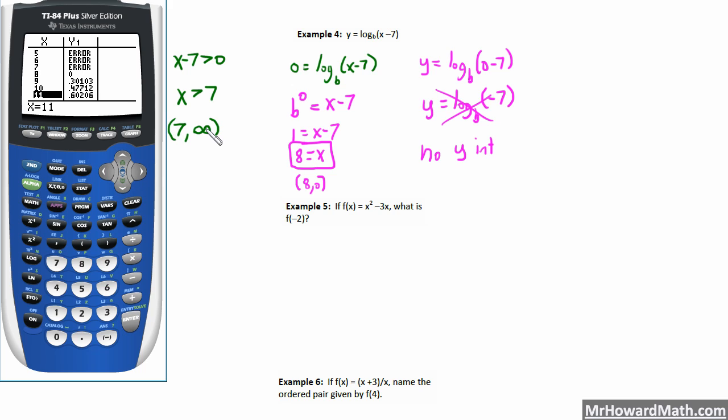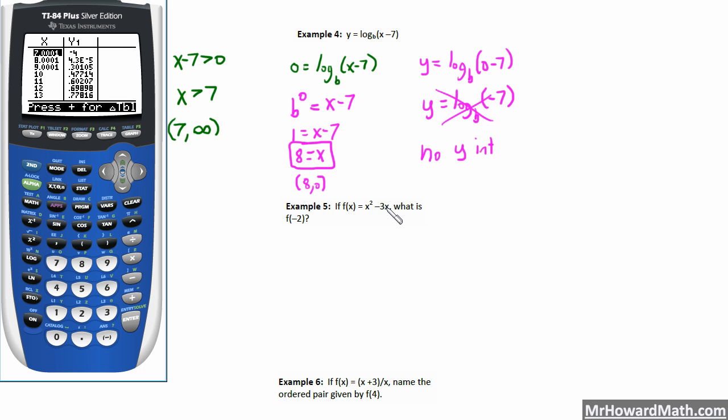So 7 to positive infinity, not inclusive of 7, is in there. So if we change our table set real quick, just to prove this to ourselves, if we start our table at 7.0001 and we go back in our table, you see that we are defined there. Okay.